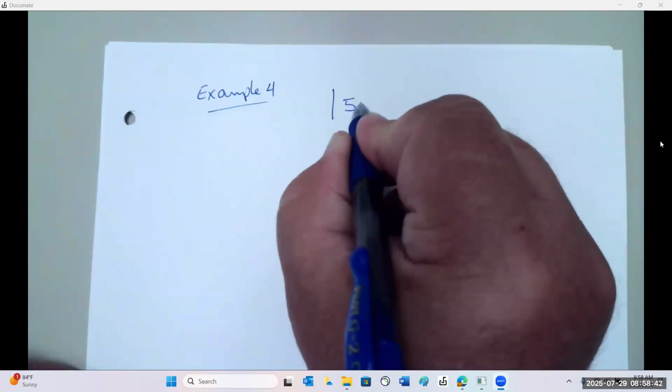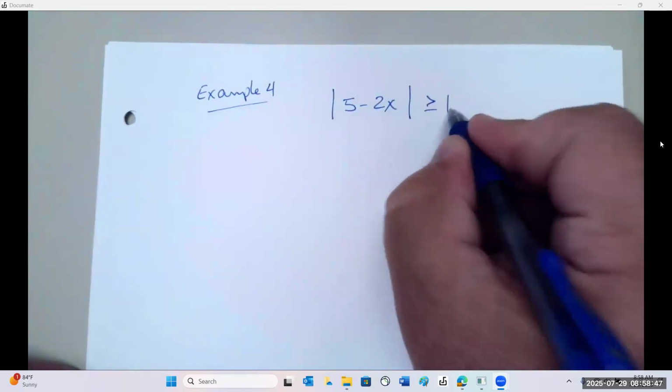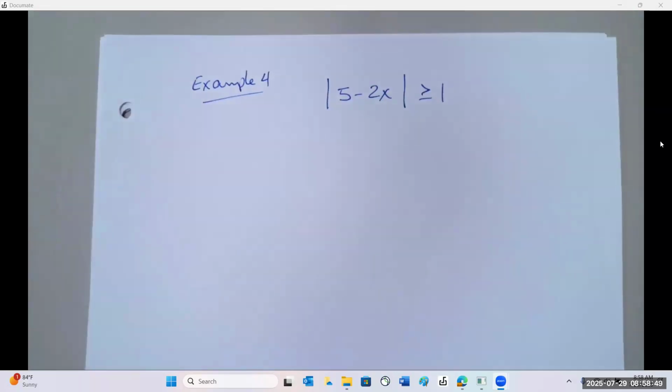Absolute value of 5 minus 2x is greater than or equal to 1. Is the absolute value isolated? Is it by itself? Yes. So now, if we drop them, what happens?